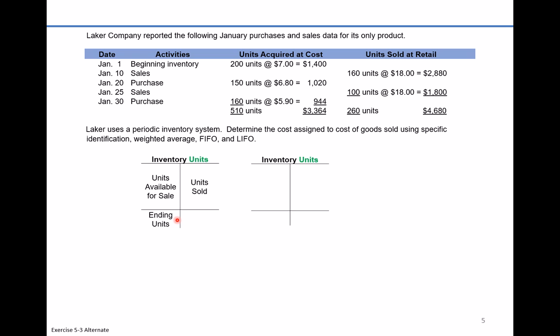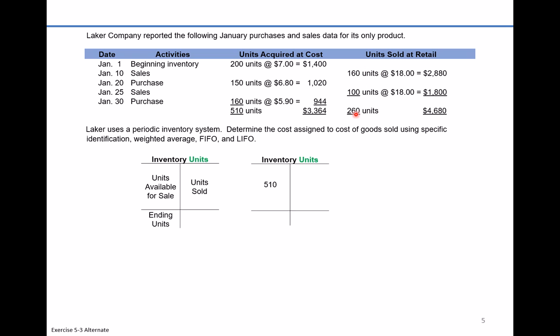So for Laker, they had altogether how many units that were available to sell during the month of January? Well, 200 plus 150 plus 160. They had 510 units. The term we give for those units is the units available for sale. Pretty common sense. Now, we know that throughout the month of January, they sold 160 units and another 100 units.